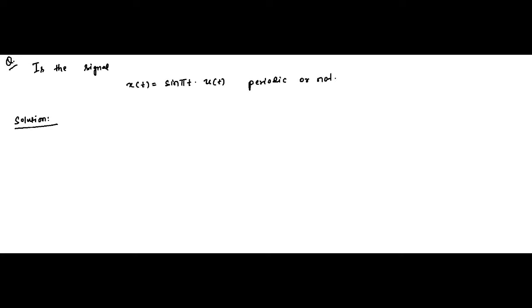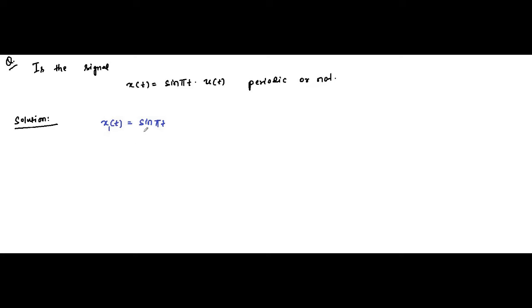Hello friends, so here we are with another question on periodic and non-periodic signals. It has been asked to see if the signal x(t) equals sin(πt) multiplied with the unit step signal u(t) is periodic or not. First we have the signal sin(πt), let's call it x1(t).